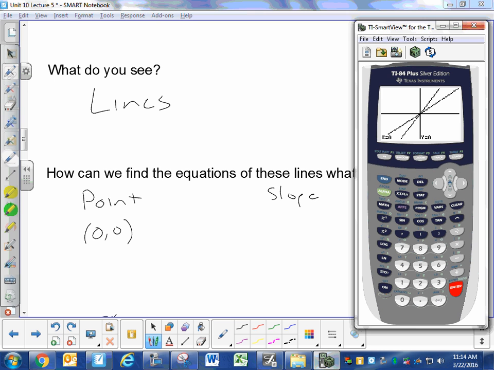Mr. Noe, you are correct. So let's zoom out. Let's go back to Zoom Standard. What line would we be able to see from out here right at that location 0, 0?